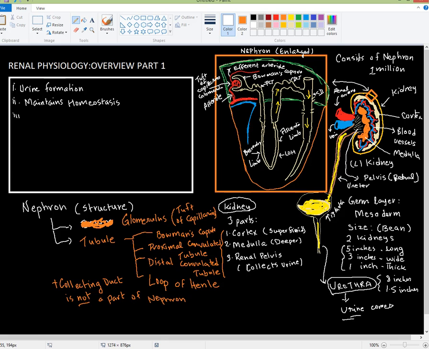And then the third function, it again maintains osmolarity.